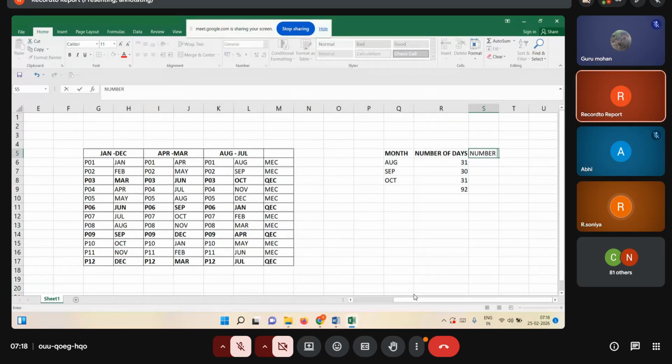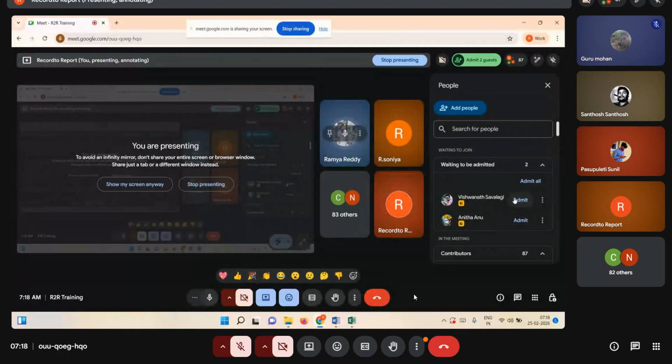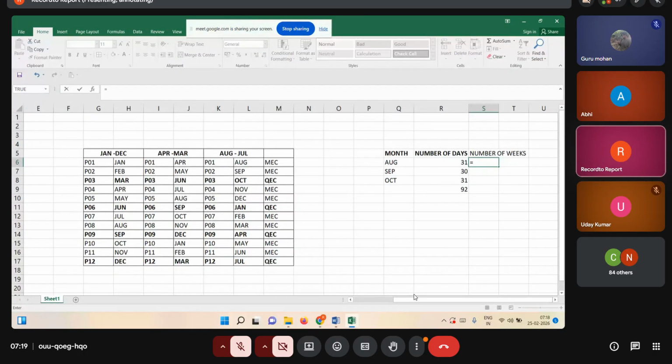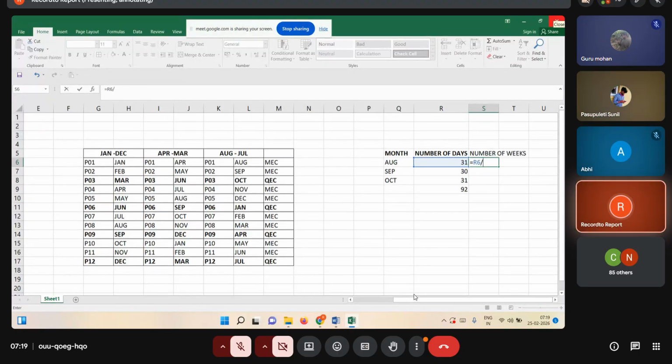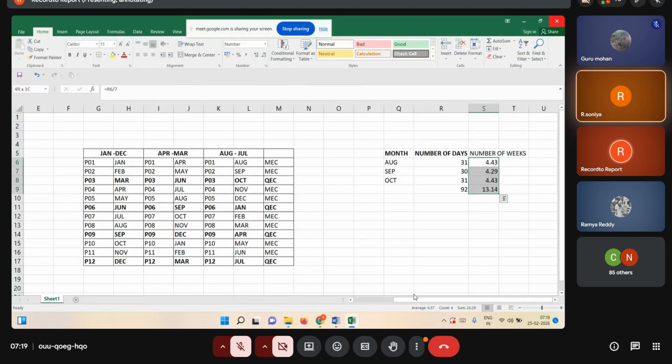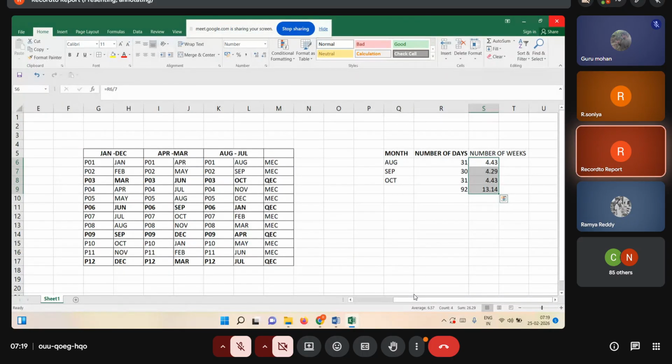Now, number of weeks. Each week consists of how many days, guys? 7 days. So 92 days divided by 7, how many weeks will it be in a quarter? 13 weeks.